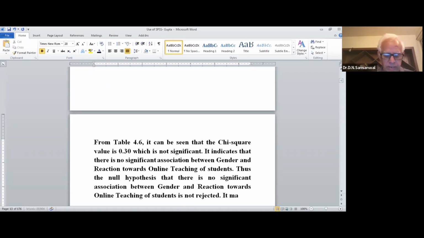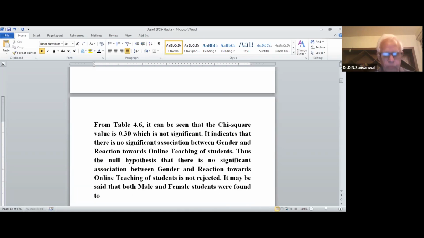So it may be said that both male and female students were found to have the same type of reaction towards online teaching.